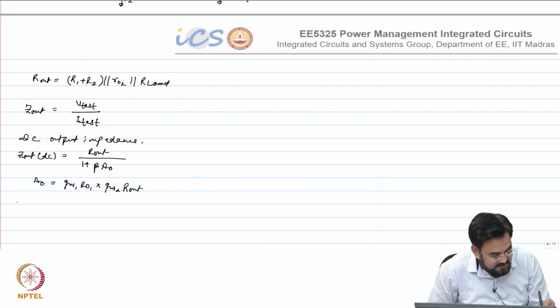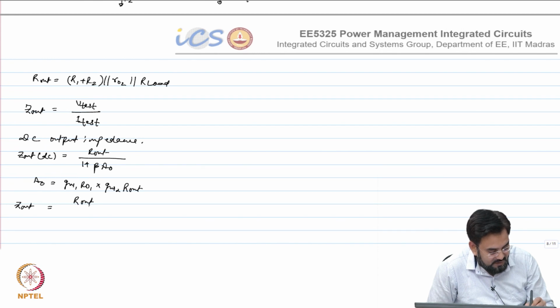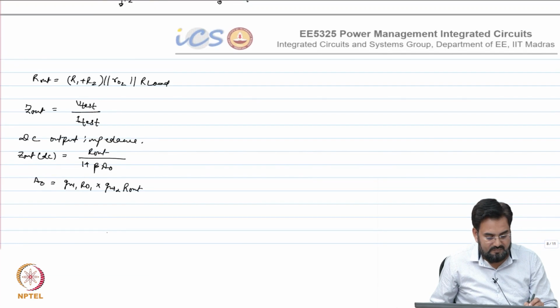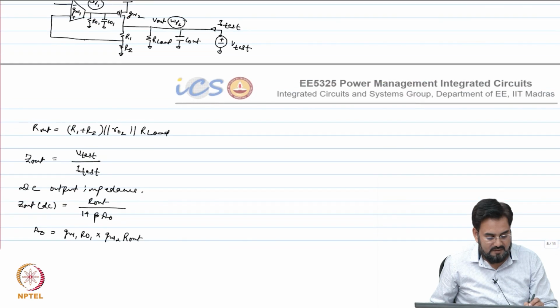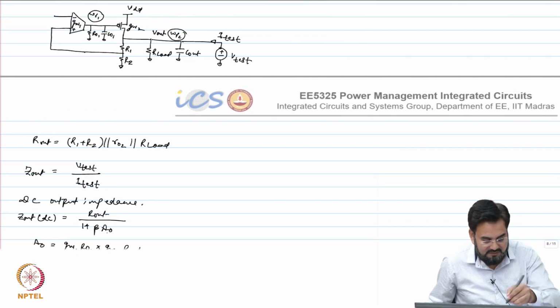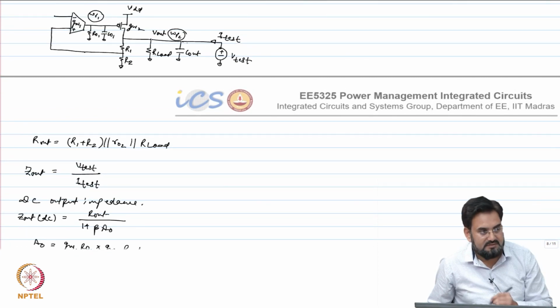So your Z out will become R out, not R out, sorry. Because R out is DC only, so you have to consider that pole also.